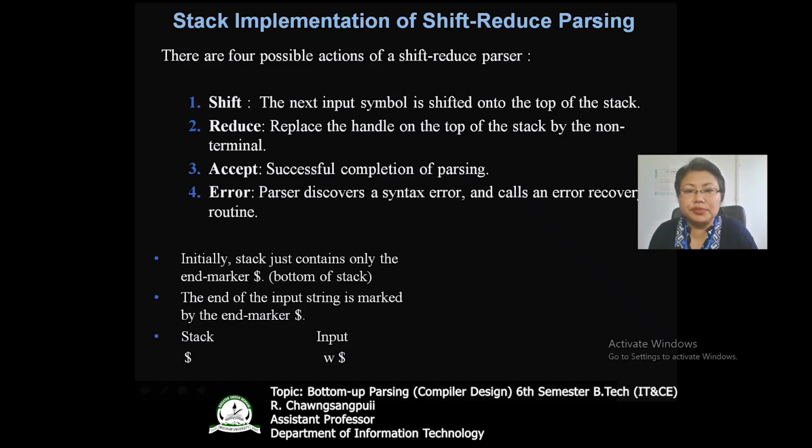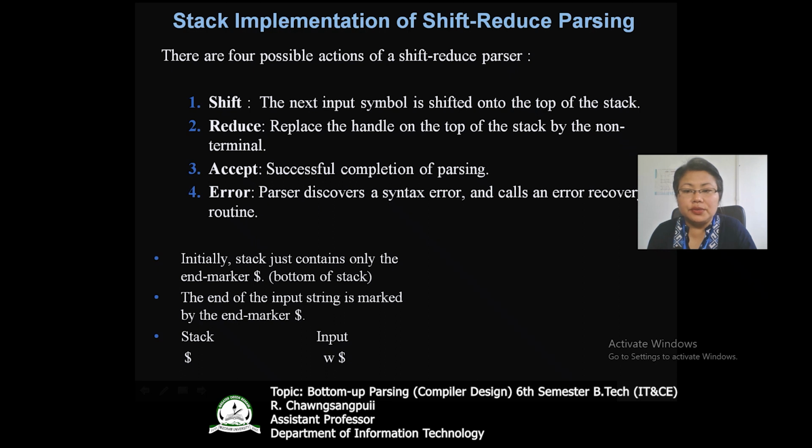Now for the stack implementation of shift-reduce parsing, we have 4 possible actions of a shift-reduce parser. The first action is shift. The next input symbol is shifted onto the top of the stack by using push. The second action is called reduce.